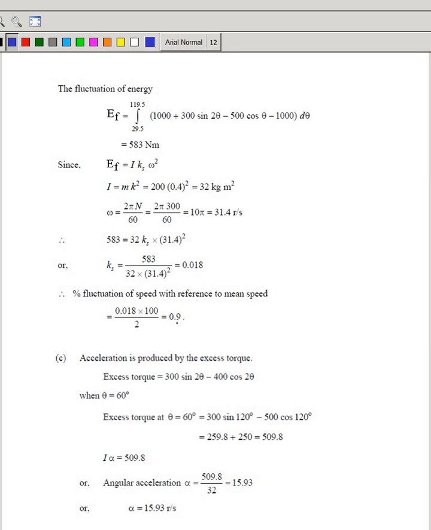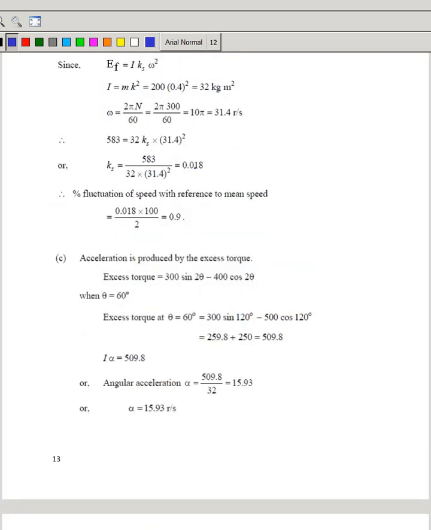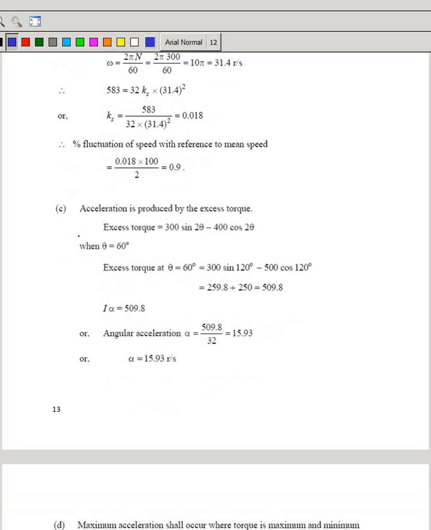At either side it is 0.9%, and total is 1.8%. So 0.9% either side and 1.8% overall.